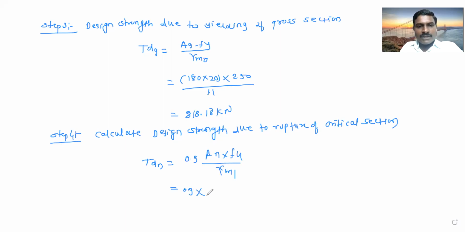AN we have calculated in step number 2: 960 mm square. 960 mm square into FU, 410, divided by gamma M1, which is 1.25. So you can calculate.